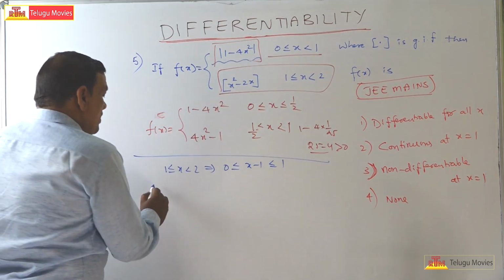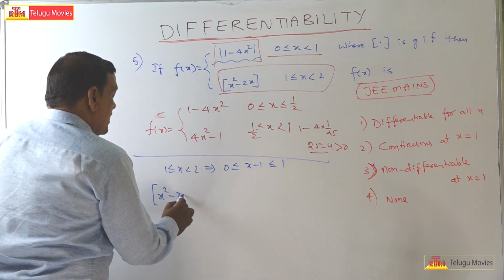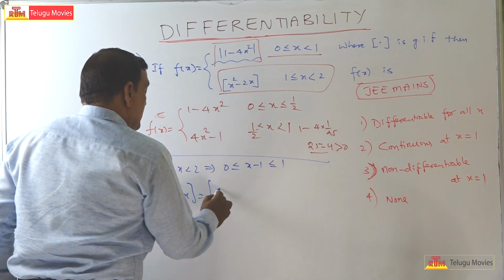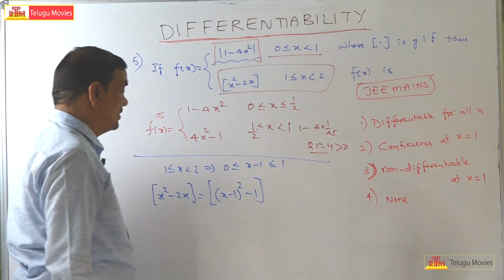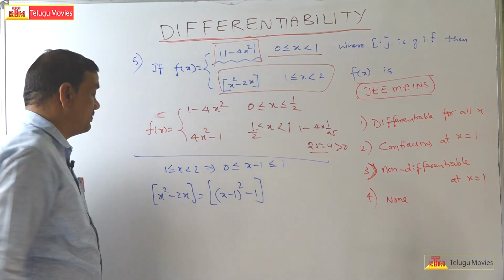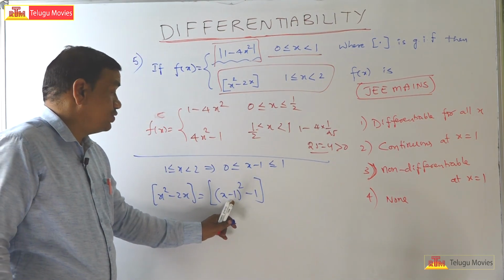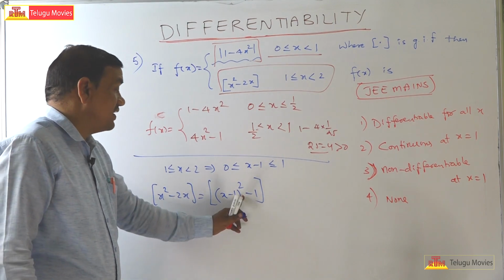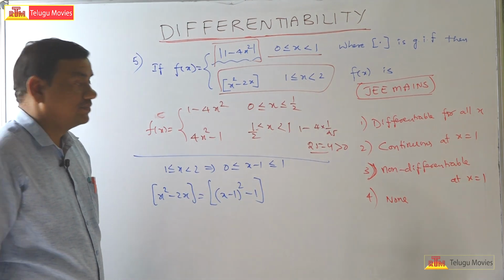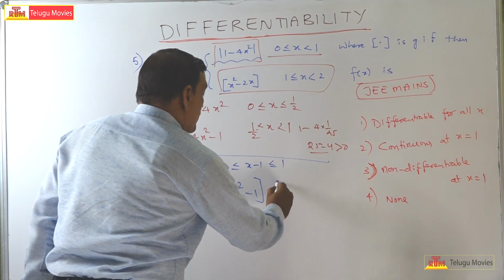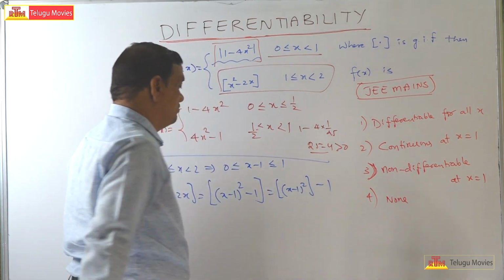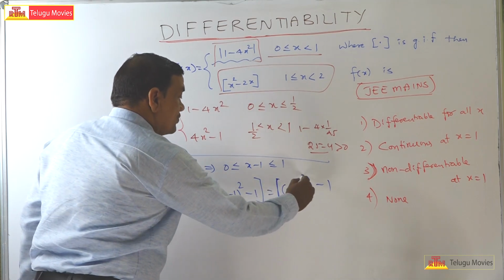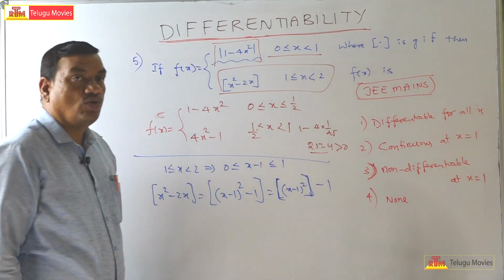Now coming to the step of x² − 2x, this can be written as (x − 1)² − 1, because x² − 2x + 1 − 1, the plus 1 and minus 1 cancel.